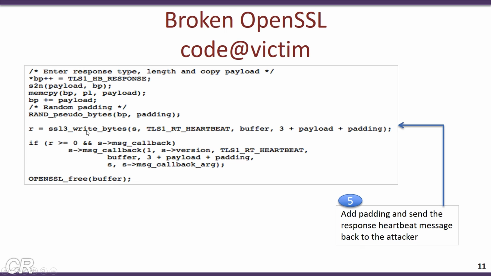Now this buffer which was just created is wrapped in the SSL3 structure and sent back to the client. Note that we are sending the buffer here, and the size of this particular packet is 3 plus payload plus the padding. Thus what the client obtains is the response to its heartbeat message comprising just the 1 byte which it actually sent, and the remaining almost 64k bytes of data which it has gleaned from the server.